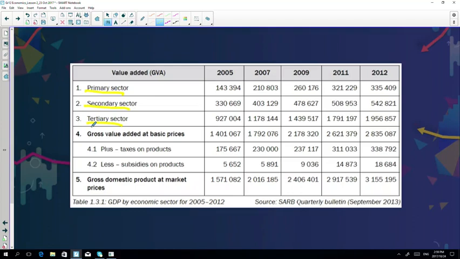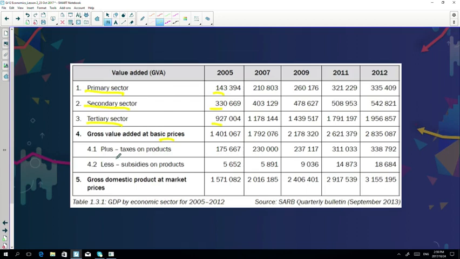All right, let's look at 2005, for example. That is the primary sector, that's the secondary sector, and then that's the tertiary sector. We add it all up, and then we get our gross value added at basic prices.